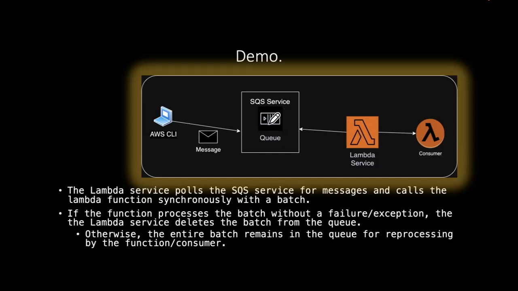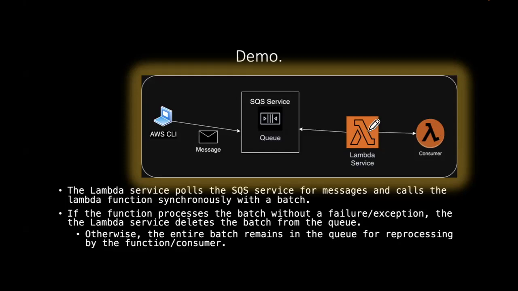And that means that the SQS service will respond back with a batch of messages from this queue. The response goes back to the Lambda service, and the Lambda service then simply invokes our Lambda function, and it passes the messages that it received within the event object that this Lambda receives as part of its invocation.